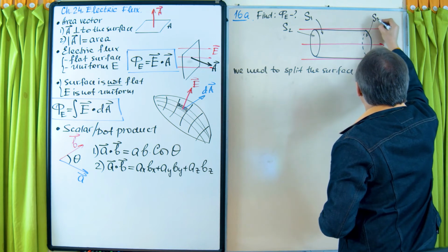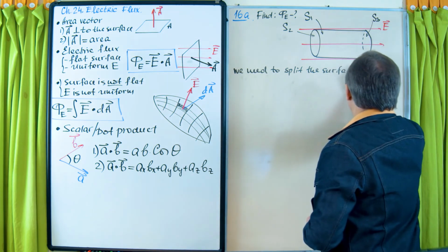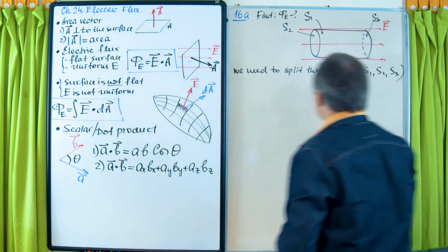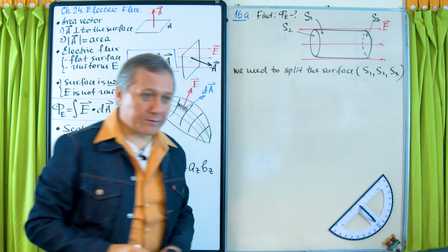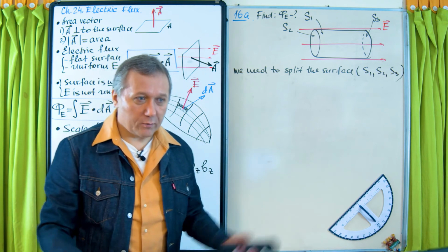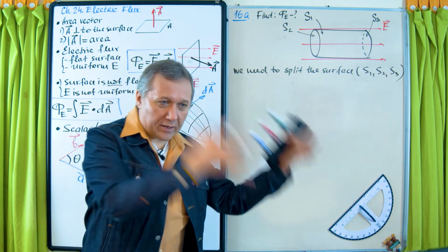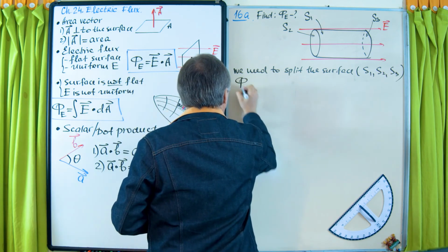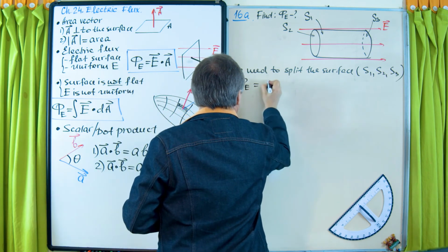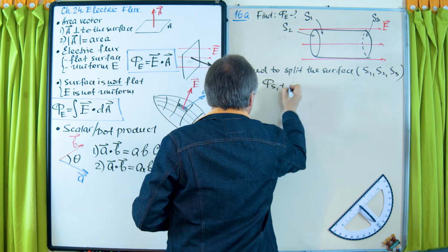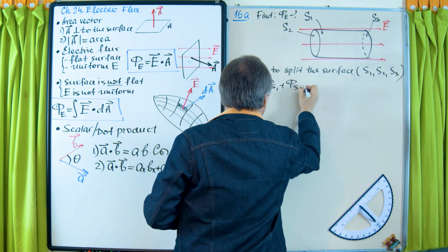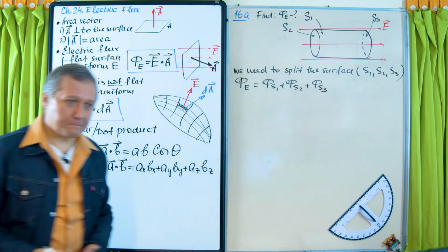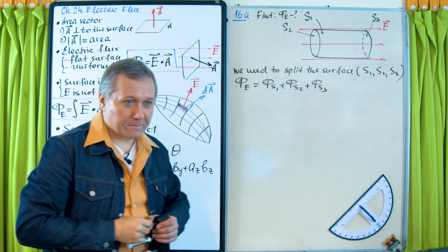So S1, S2, S3. As a result, flux is an additive thing. The net flux will be the flux through the first surface plus the flux through the second, and so on. So the total flux will be flux through S1 plus flux through S2 plus flux through S3. Okay?